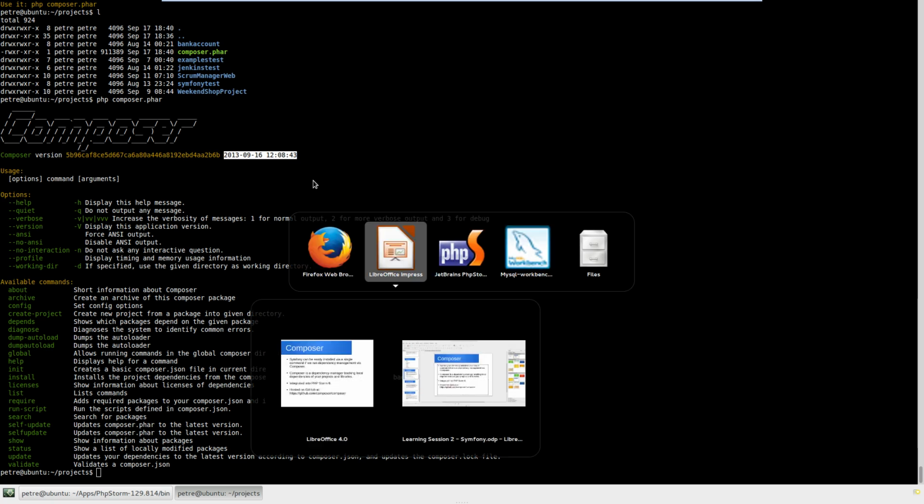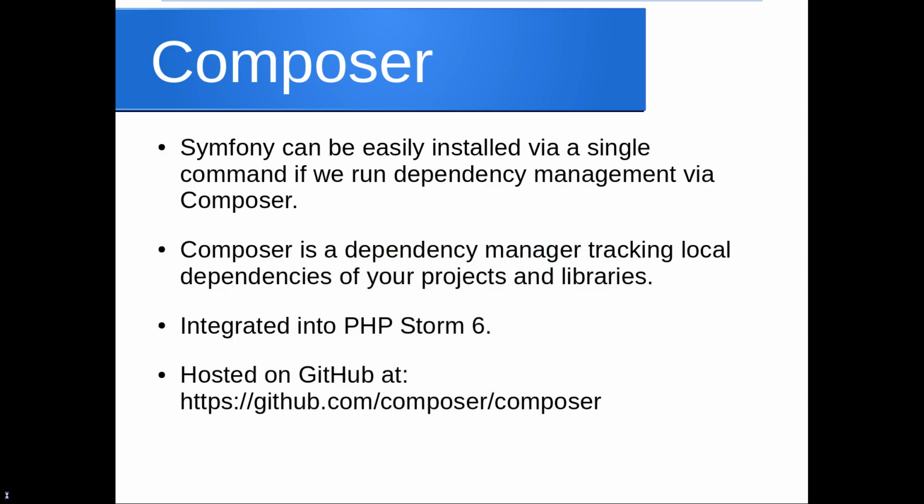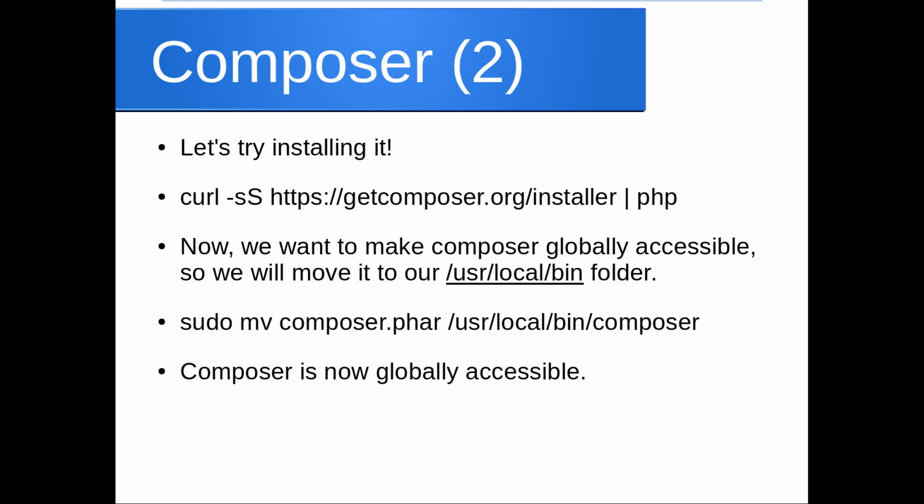At the moment, Composer is not globally accessible. That means it lives inside the folder. So what we need to do is move it to /usr/local/bin. This way we can access it from anywhere, and we only have a single version of Composer installed on our system.